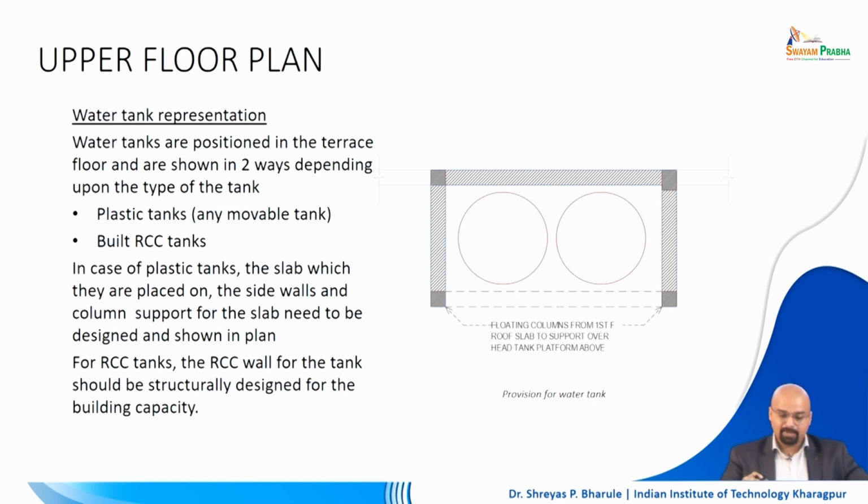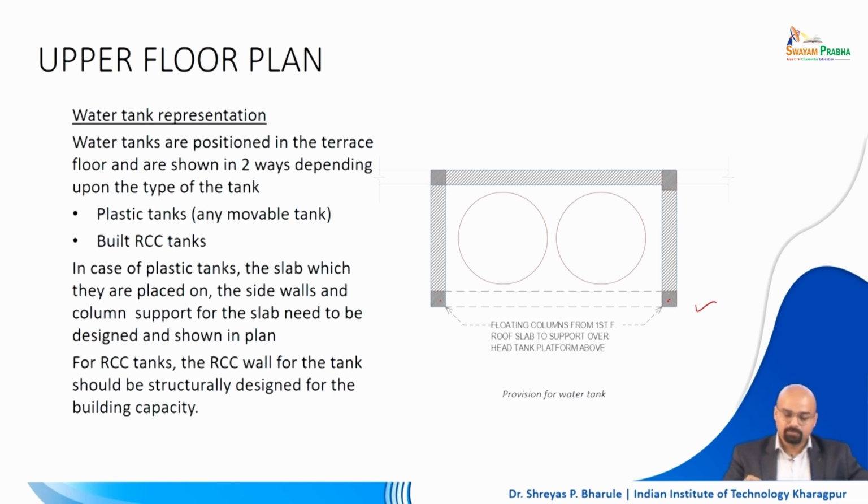In the plan, the way you represent the tank is somewhat like this. So what all do you present? The columns which are floating from the first floor level. Meaning that if this is on the top floor and the building is up till the first floor, you will represent these 4 columns which will take care of the water tank.